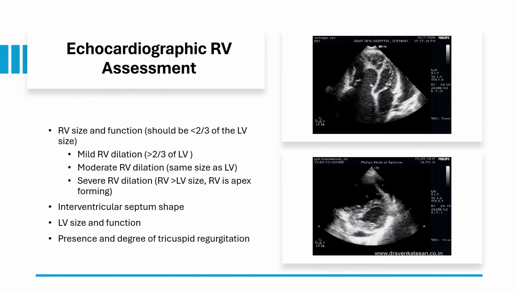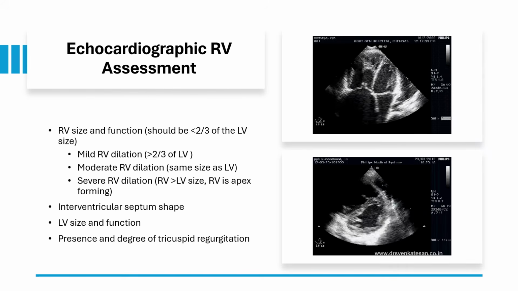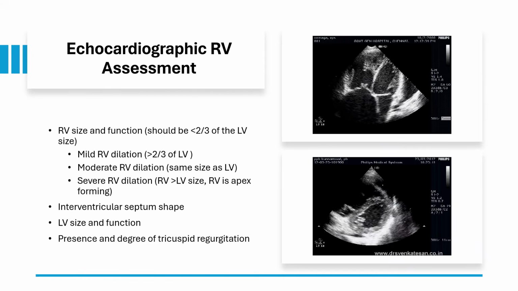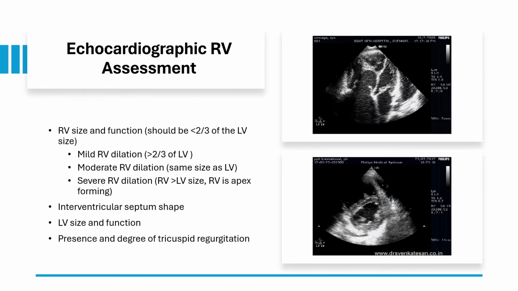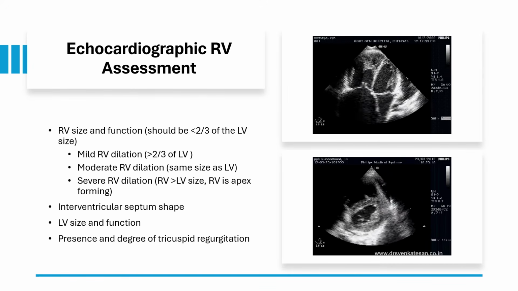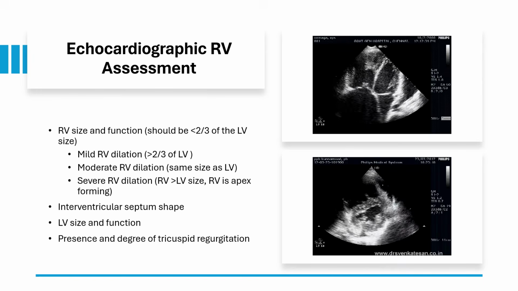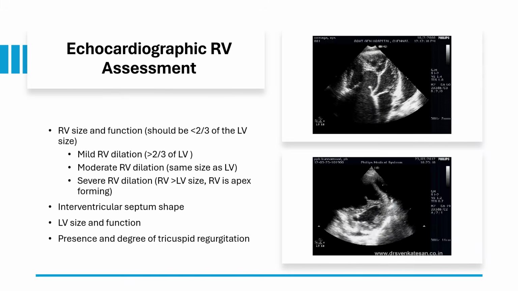Mild RV dilation is described when RV is bigger than 2/3 of the LV, but smaller than LV. Moderate RV dilation is typically described when the right ventricle is about the same size as the left ventricle, and severe RV dilation is described when the RV is larger than the LV and the apex of the heart is formed by the right ventricle.